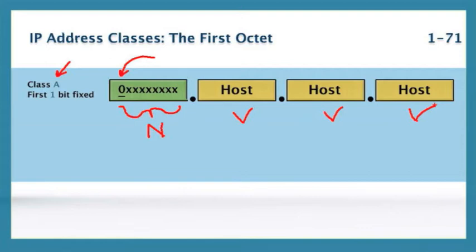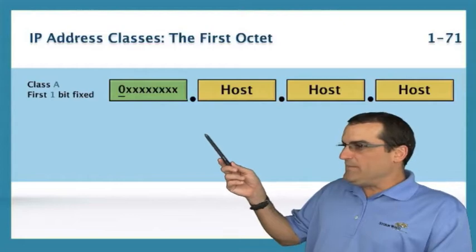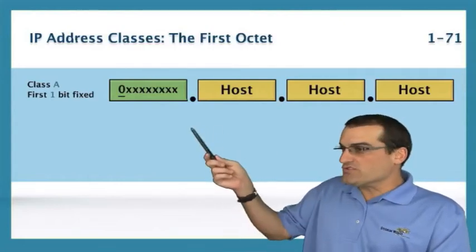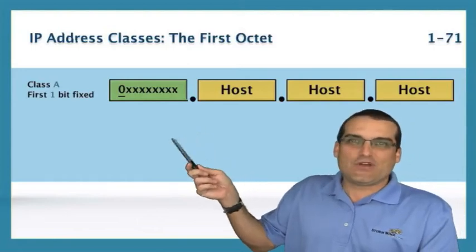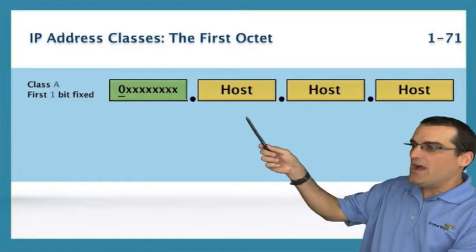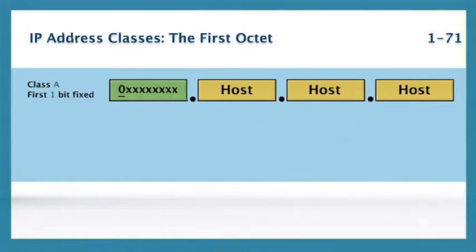So when you look at that, you say, wow, with a Class A, there can be just a few networks, but each of those street addresses can accommodate a huge number of house addresses.